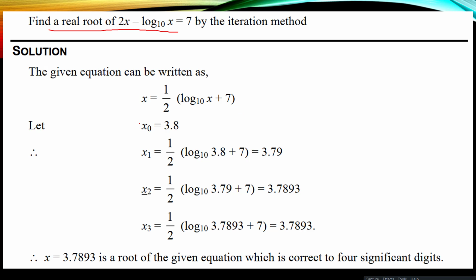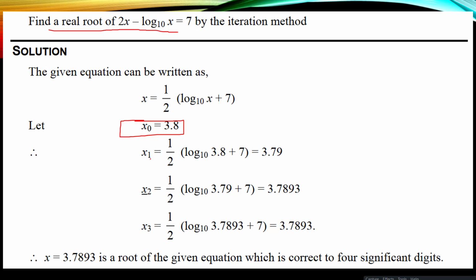We are assuming a trial value of 3.8, and this is how you get 3.8: by randomly putting some value, provided it satisfies the equation. Then that's called the iteration method.